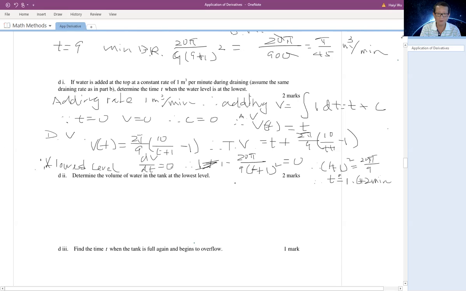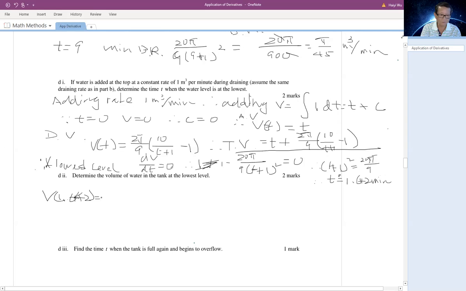So that's the lowest level. Now determine the volume of water in the tank at this lowest level. We just substitute 1.642 into my volume equation, this one, the total volume.